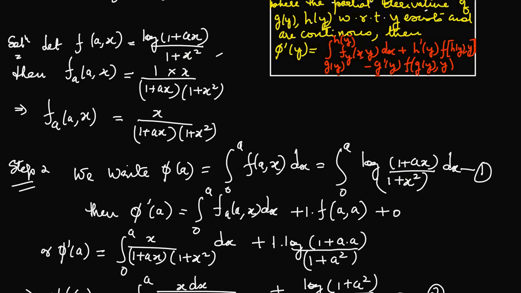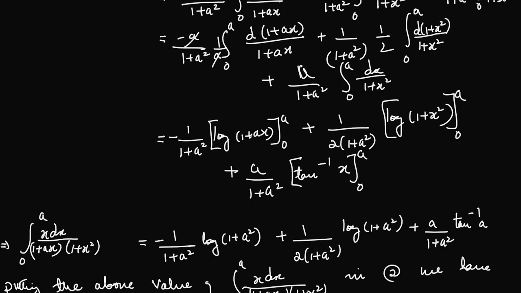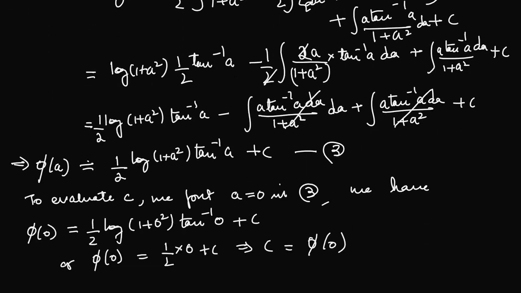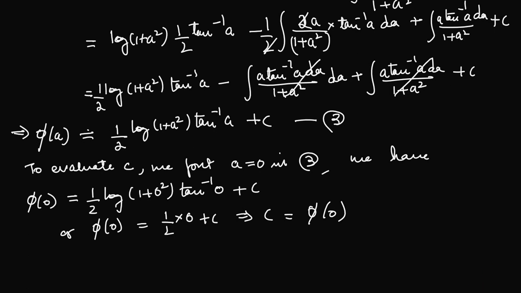So we have phi of 0 is equal to 0. So this implies that the value of c is equal to 0.